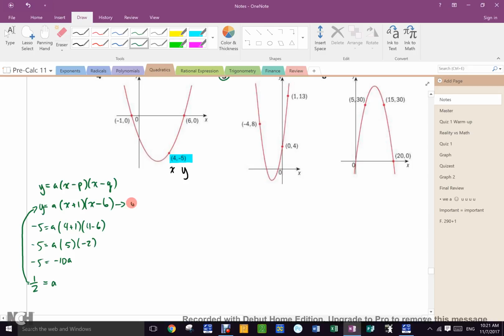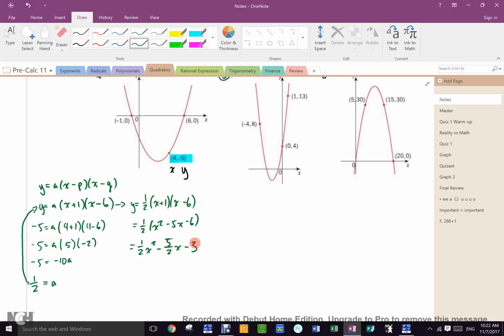And I get y equals 1/2, x plus 1, x minus 6. And then I would expand, yes? 1/2 x squared minus 5x minus 6, which would be 1/2 x squared minus 5 halves x minus 3. Cool?